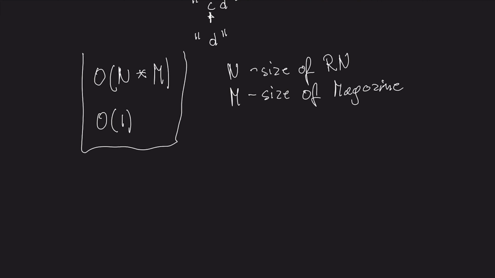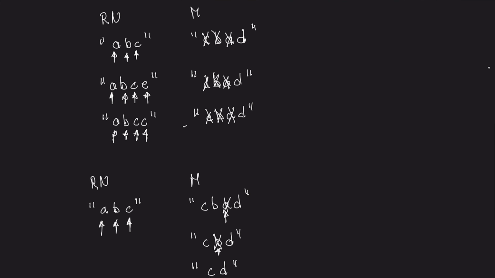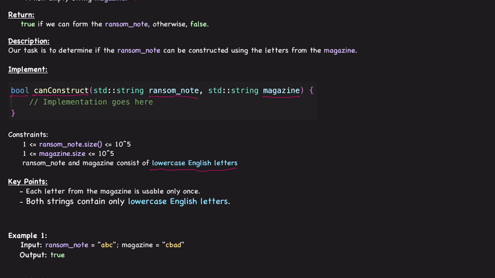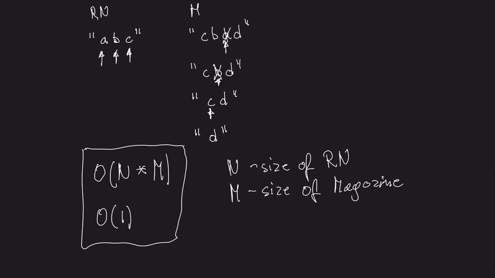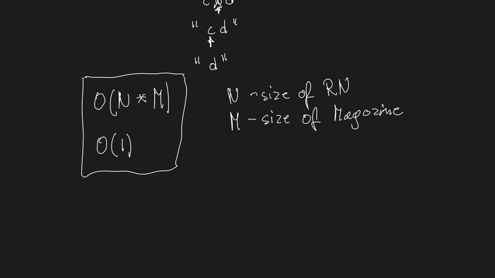Sometimes in interview settings, the interviewer may ask whether we are copying the parameters. Note that the ransom note and magazine are passed by value, so they would have to be copied from outside. They can argue that the space complexity is O of n plus m because we have to copy both strings.